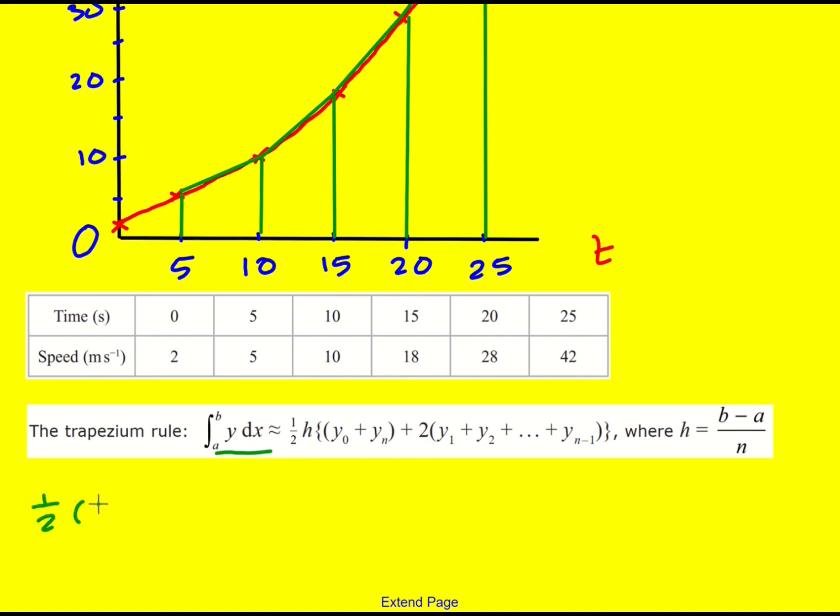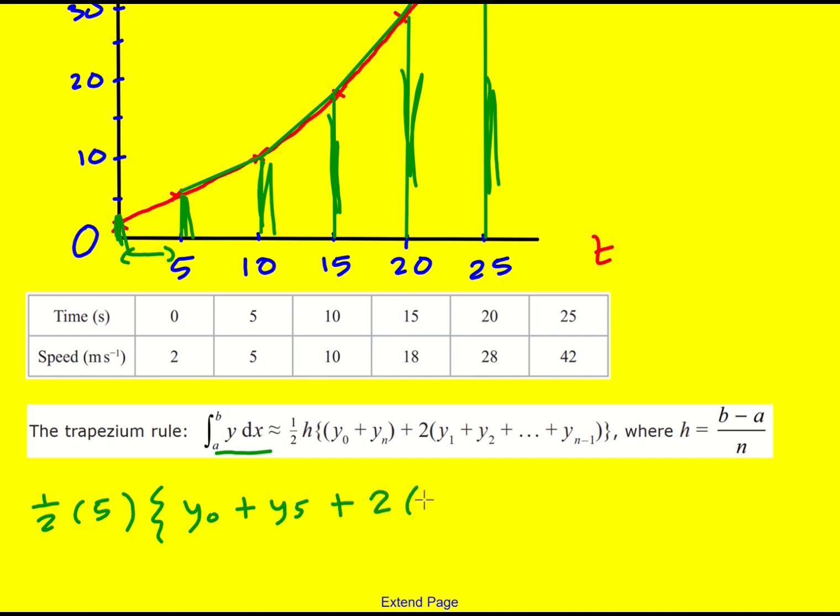It'll be a half times 5. 5 is the height of each trapezium. And then it'll be y0 plus y5, as the ones that go by themselves, because that's these two here, and then it's 2 lots of the other ones because all the rest are linked to 2 trapezia.